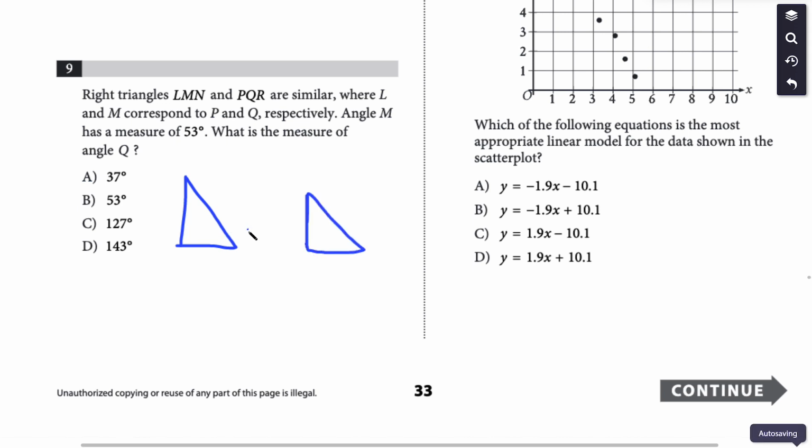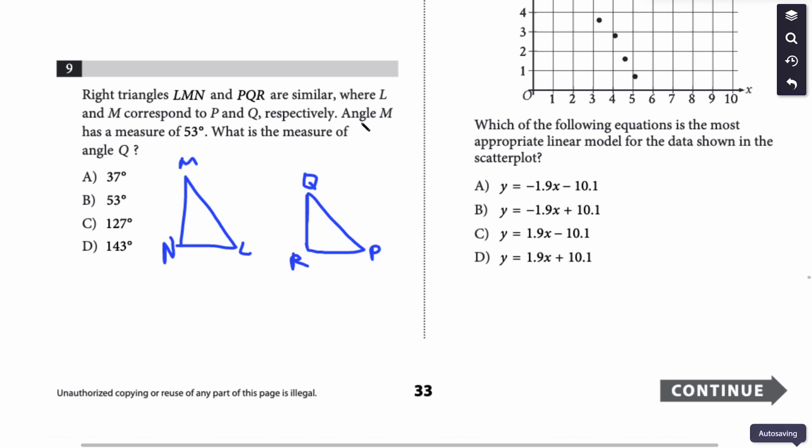Perhaps we can name this L, M, and N. And likewise, we can say this is P, this is Q, and this is R, right?